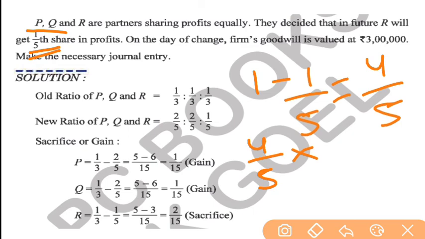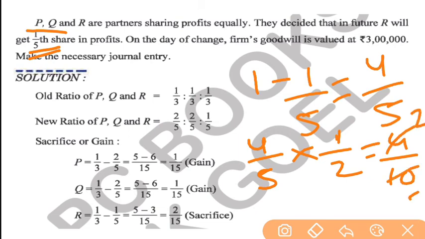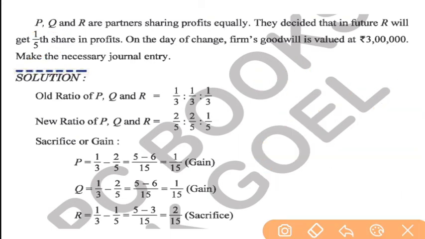So 4 by 5 into 1 by 2, and the same for Q, so 4 by 10. 2 by 5 will be the new ratio of P, 2 by 5 will be the new ratio of Q, and 1 by 5 will be the new ratio of R. So the new ratio will be 2 by 5, 2 by 5 and 1 by 5.